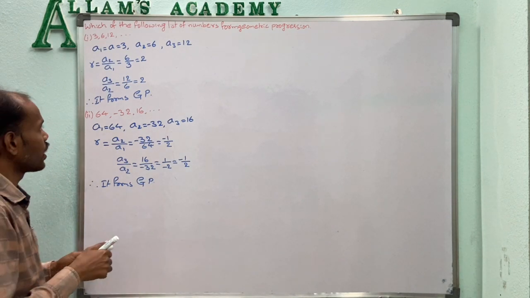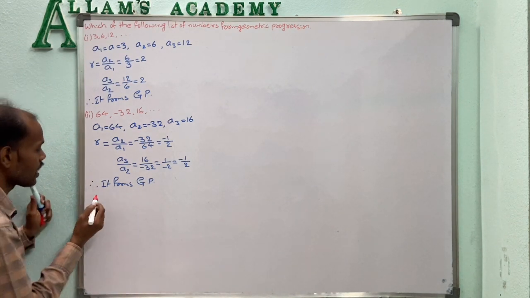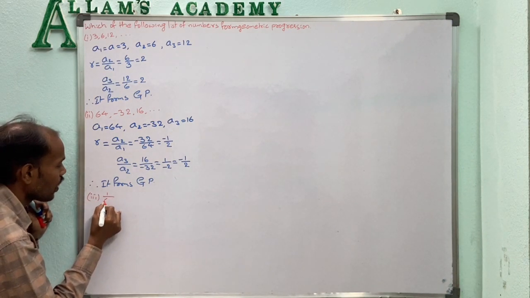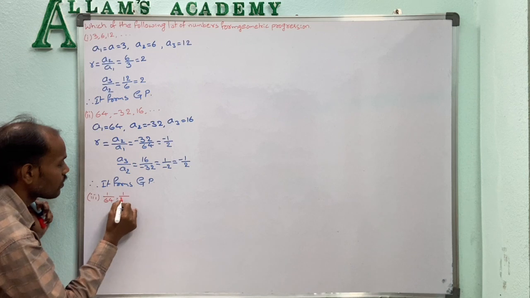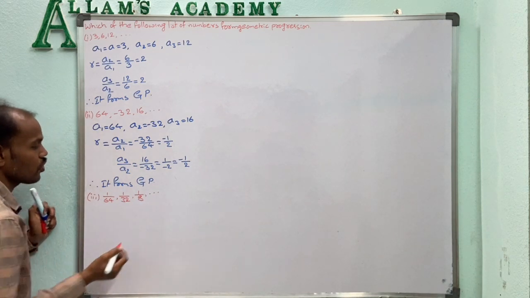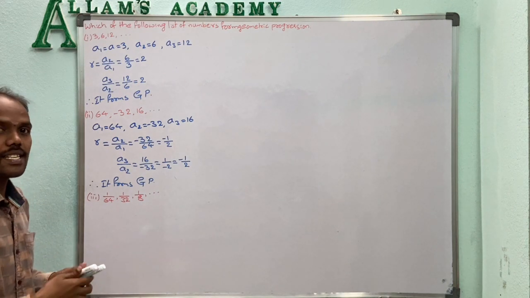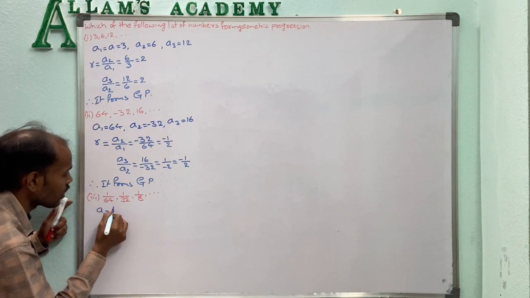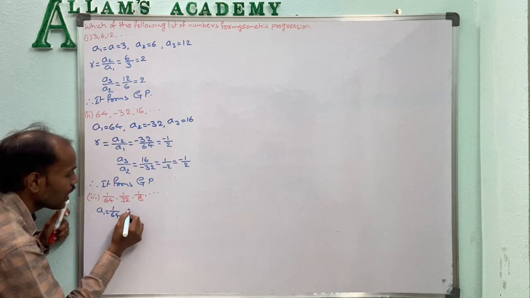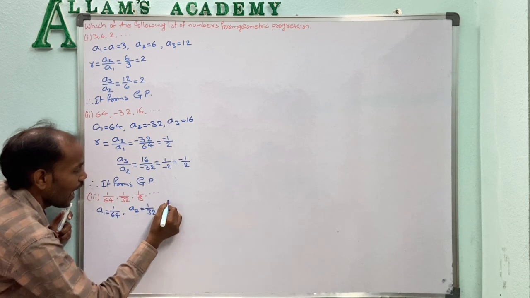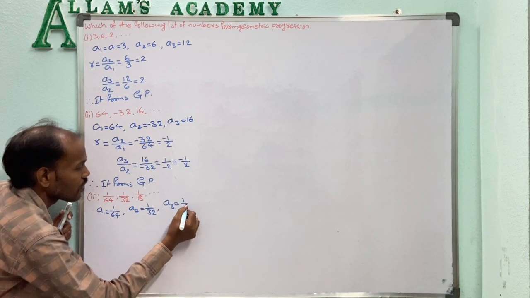Okay, now the next series is 1 by 64, 1 by 32, 1 by 8 and so on, that is the series given. Now here in this series the first term a1 equals 1 by 64, the second term a2 equals 1 by 32 and the third term a3 equals 1 by 8.